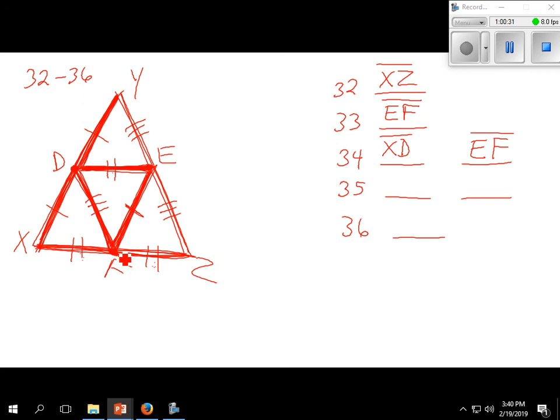DF is right here. The two segments it's congruent to are YE and EZ. And 36 says DF is parallel to, well, that's this segment right here, so segment YZ.